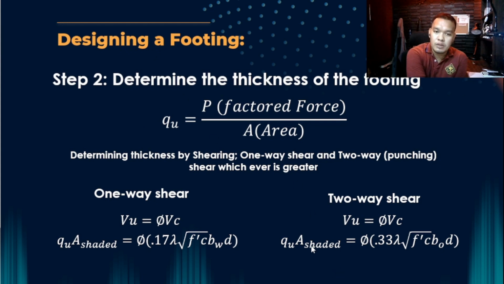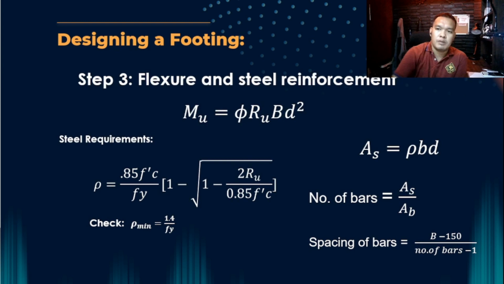Then kapag two-way naman, yung area shaded naman natin is yung sa may malaking part, no, na pinunch. Then the formula is, pakitandaan na lang po, 0.33 lambda the square root of F prime C BOD for the two-way shear. Then for the one-way ay phi times 0.7 lambda the square root of F prime C BWD. Okay? So, mas matatandaan nyo naman yan kapag tayo nag-sample problems na.